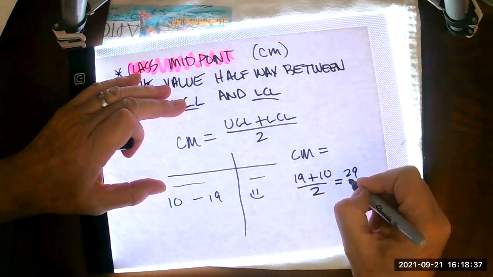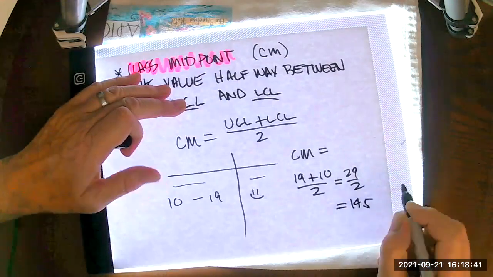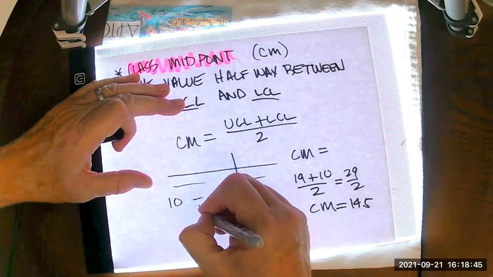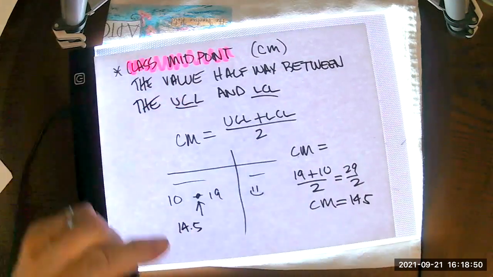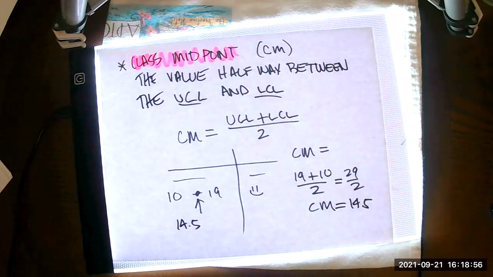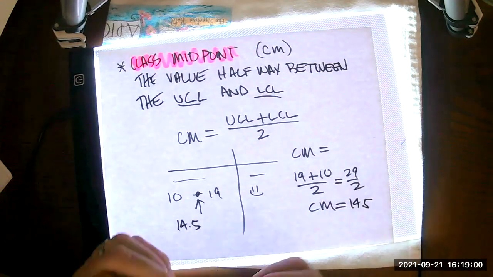That's 29 divided by 2, or 14.5. So the class midpoint is equal to 14.5. And you can see that it's exactly halfway between the 10 and the 19. So that is your class midpoint.